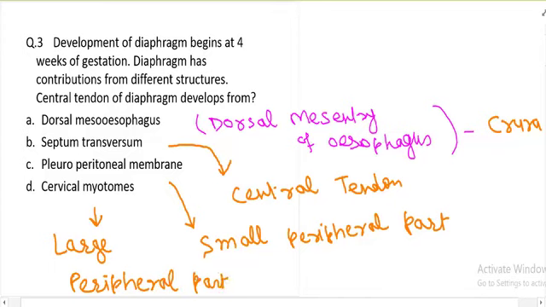So these are the contributions from different parts. Question says about the central tendon. So the answer will be septum transversum.